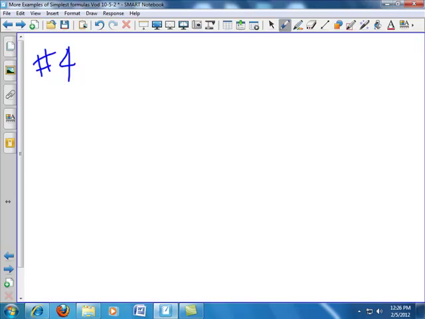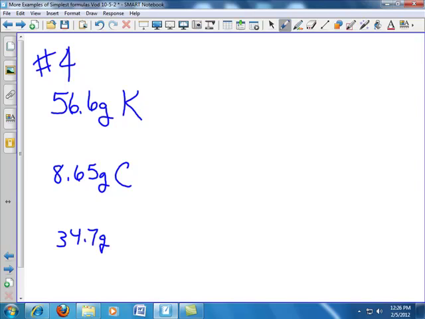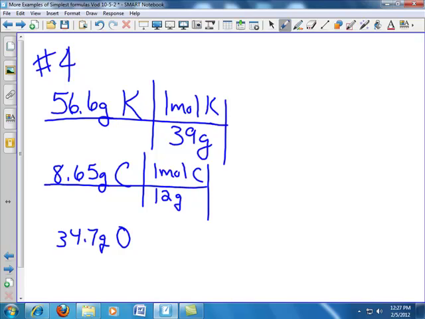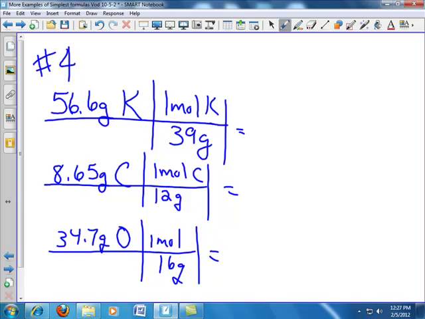So the first thing we're going to do is change percents to grams. Next thing we're going to do, molar masses. Okay, do the math.